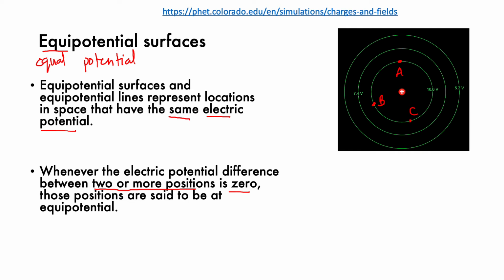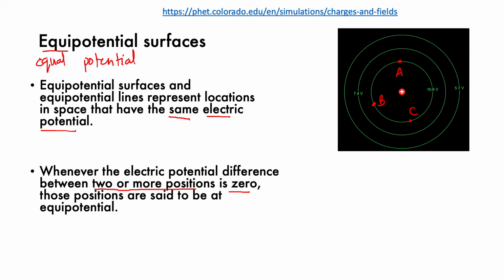So the potential at A is 10.6, B is 10.6, C is 10.6. That means they are on an equipotential surface, and the potential difference between A and B will be zero, because they are at the same potential.